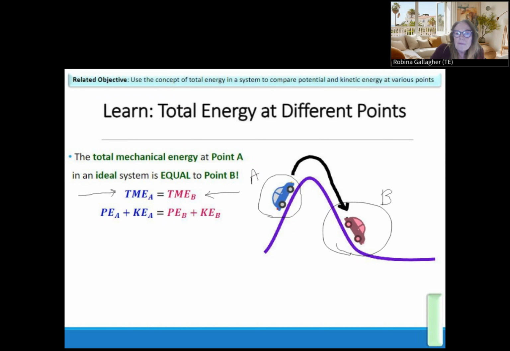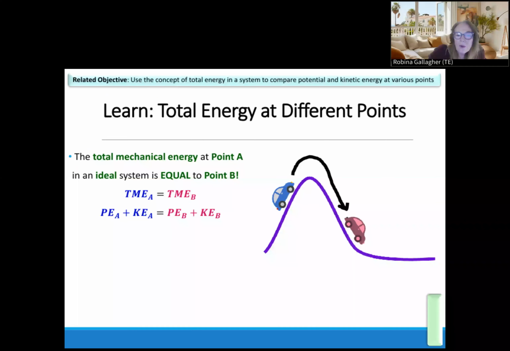Okay, and if that's true, then I can write that the potential energy of point A plus the kinetic energy of point A is going to be equal to the potential energy of point B plus the kinetic energy of point B. Whew.